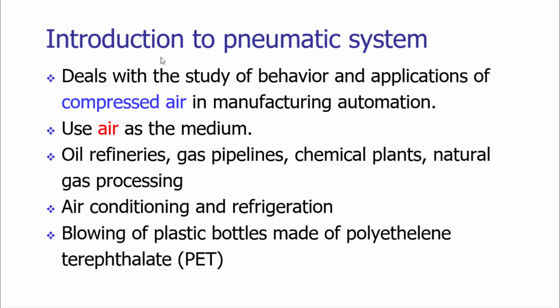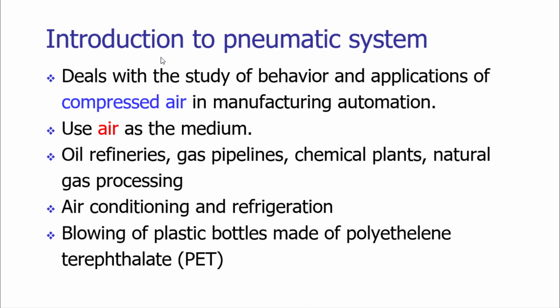In automated manufacturing systems, compressed air or compressed gases are widely used to carry out a variety of operations. It may be the processing operation, or the painting operation, or the fastening operation, that is the assembly operation, packaging, cleaning, or sensing.